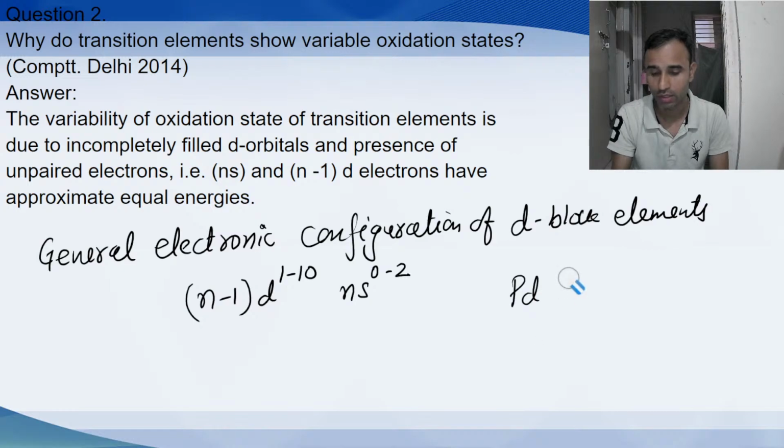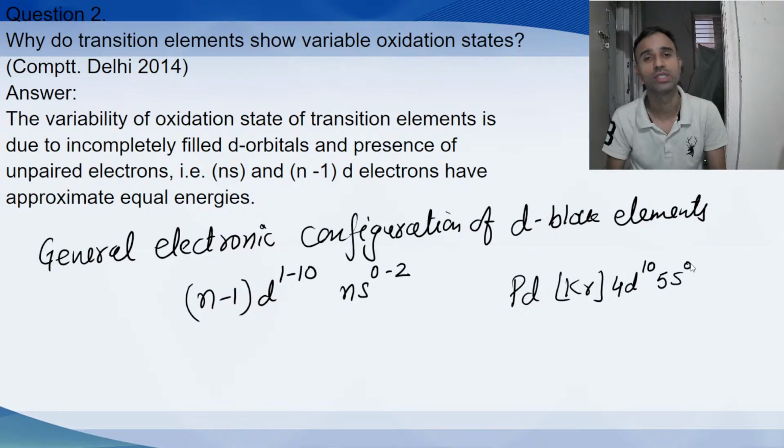it is krypton 4d10 5s0. So to include this, general electronic configuration is (n-1)d 1 to 10 ns 0 to 2.